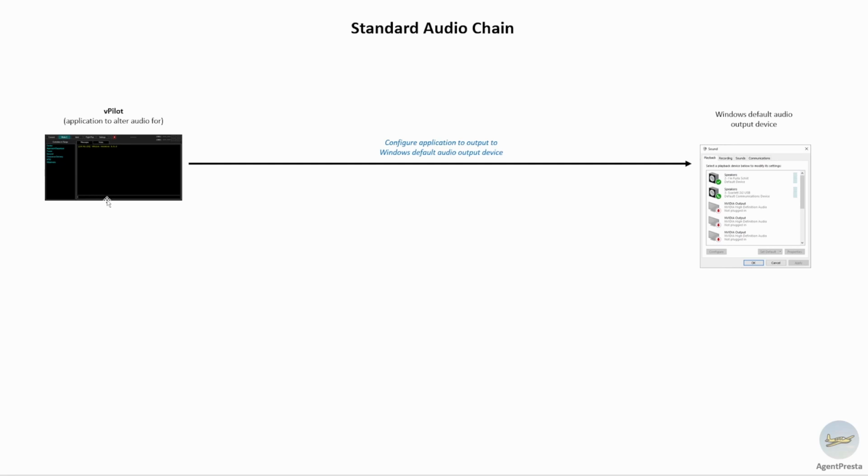To start out, the default configuration would be you have your program over here, such as vPilot, and that is typically configured to have its output audio go directly to your default audio output device. It might be something else, but typically you'd have it go to your default audio output device. So just a straight connection.